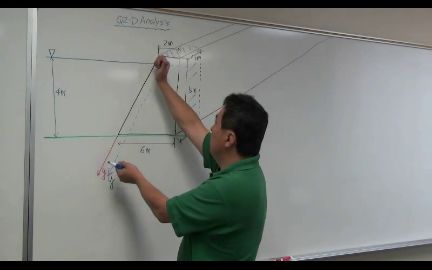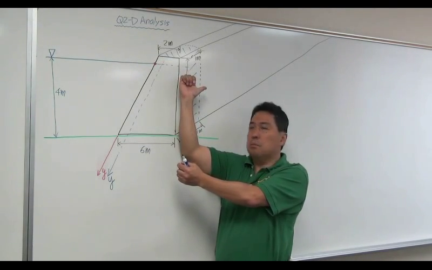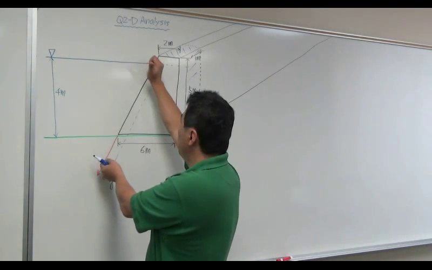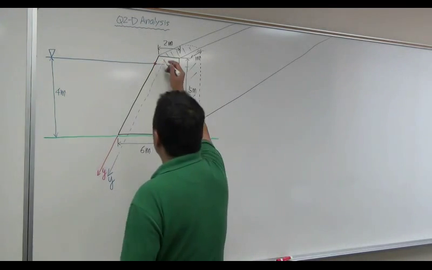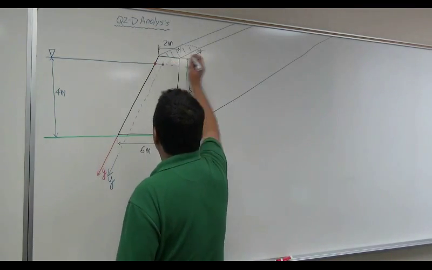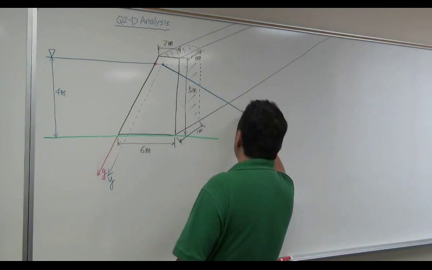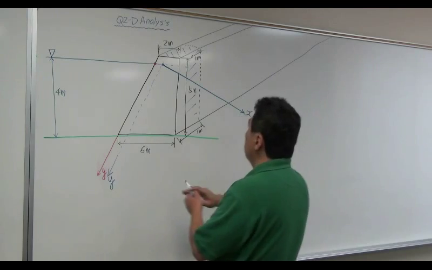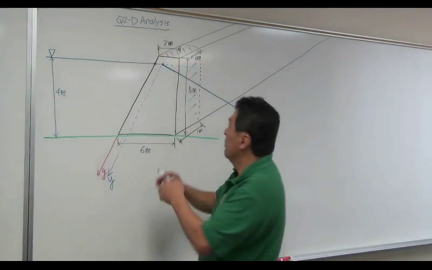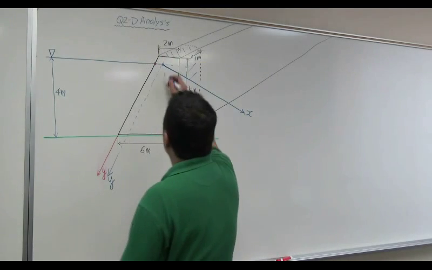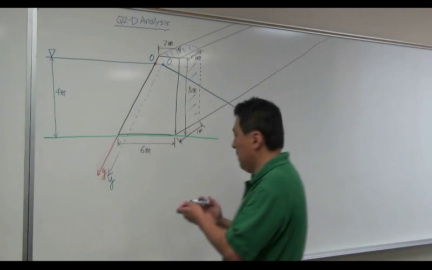It is rotated 90 degrees, similar to the previous example problem. This is x. So originally this is x, but this is rotated 90 degrees. And then this is y. This is the same location, coordinate origin O.